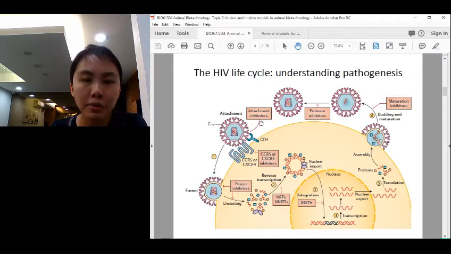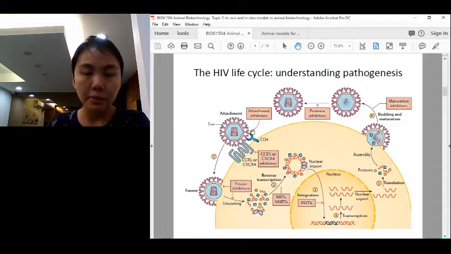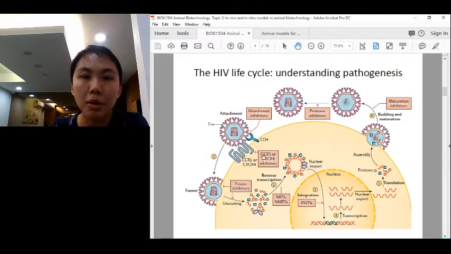So we have some therapies which are attachment inhibitors. They inhibit the attachment of the virus onto the surface of the immune cell. Because this is the first step for them to establish infection, they have developed some attachment inhibitors. Some of them are also inhibitors for the receptors that bind to the virus particles.